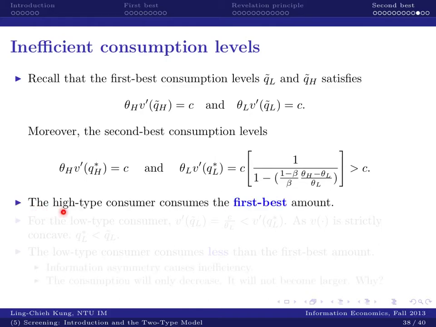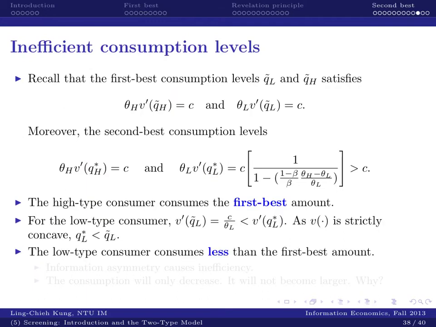First, the high type consumer consumes the first best amount. The consumption levels here are identical, but what's different is for the low type consumer. For the low type consumer, as we may verify, V prime of Q tilde L will be C over theta L, right? You take theta L to the right hand side.